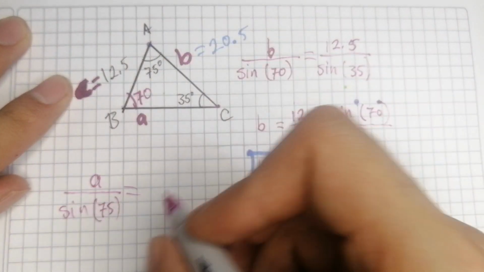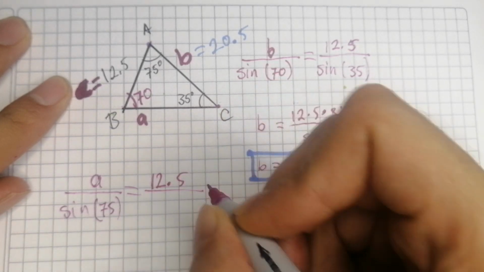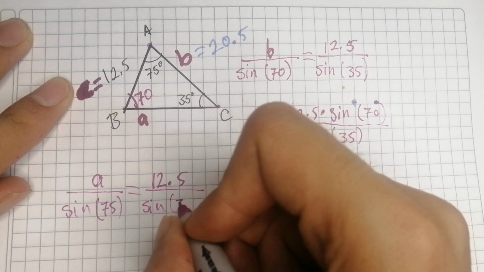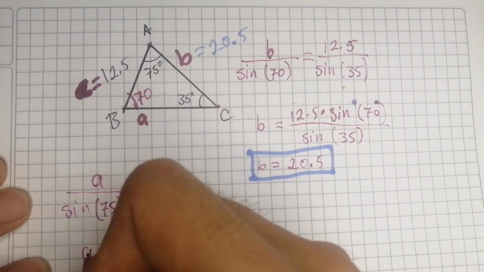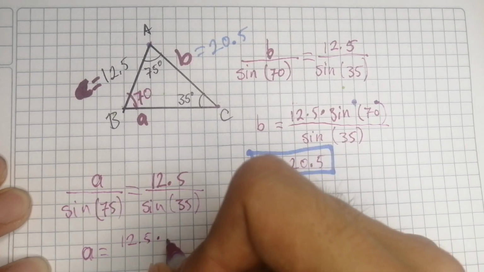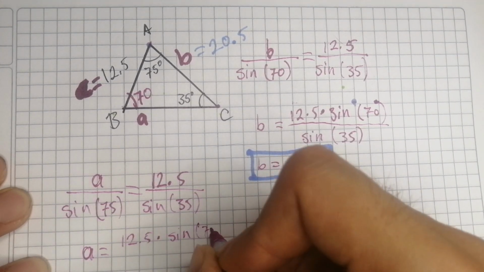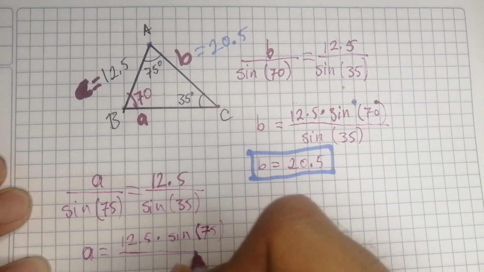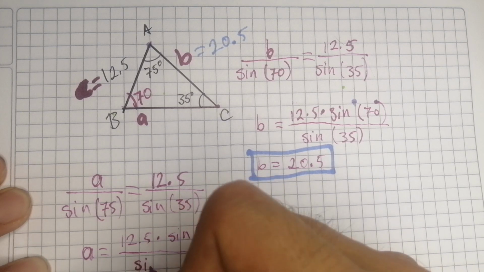So lowercase c, that is 12.5 divided by the sine of 35. So A is equal to 12.5 times the sine of 75, which passes to multiply to this side, all divided by the sine of 35.